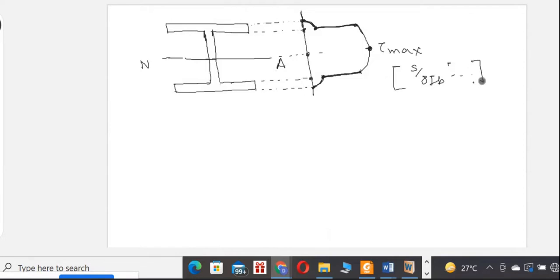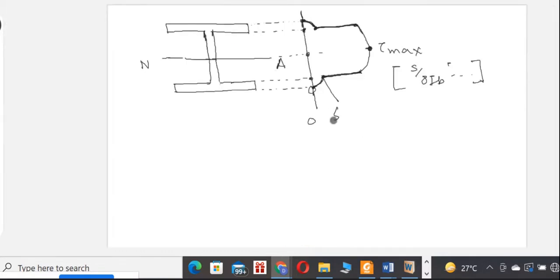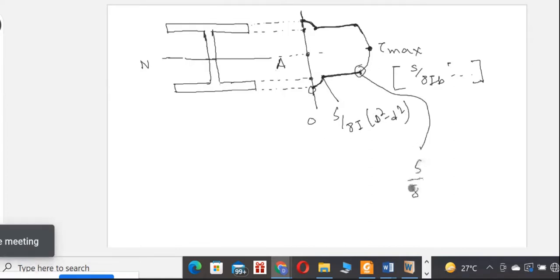Because I am not writing, you already have all these values. So here it is 0. Here it is the value of this one, S by 8I into (D square minus d square). What is the value here? S by 8I (D square minus d square) into B by B, and this is similar.